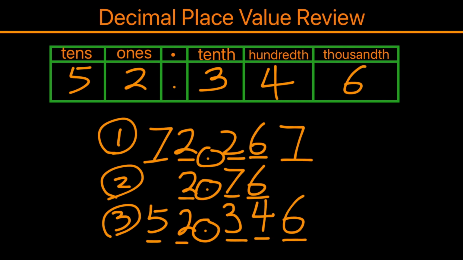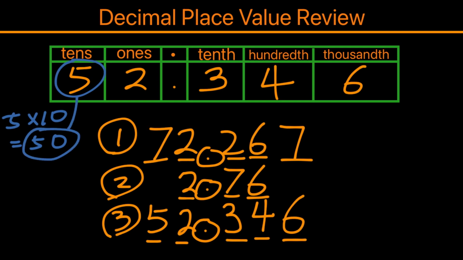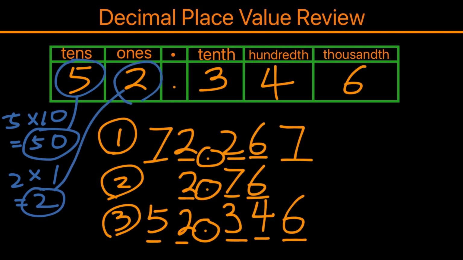And just like so, we can find out that the 5 is in the tens, so 5 times 10 means that the 5 has a value of 50. And 2 times 1 is 2, so 2 has a value of 2.